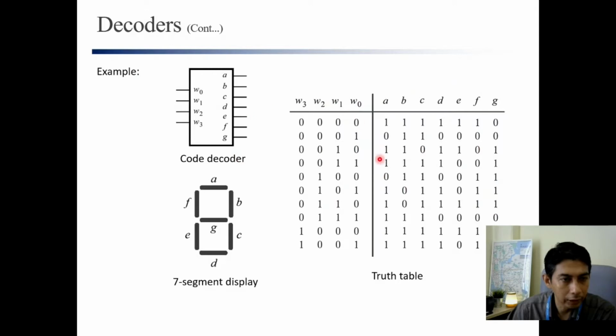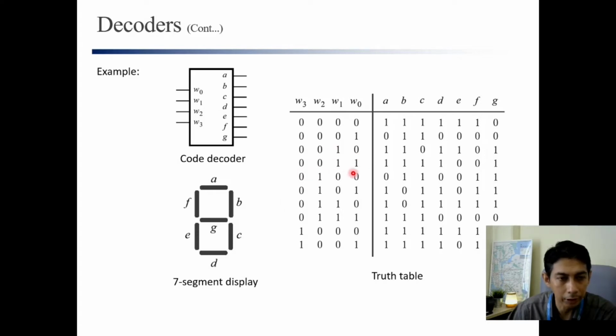And we also learned how to use a decoder to output a specific output pattern. For example, the 7-segment display, where this code will activate the LEDs of the 7-segment display based on what number we want to display.